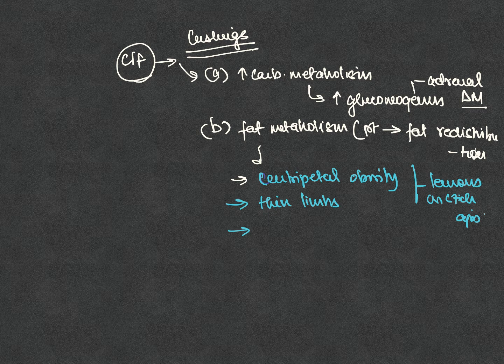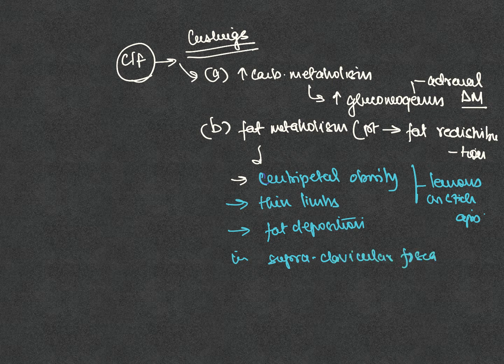Then there is going to be fat deposition in supraclavicular fossa known as collar sign. Okay. Then there is going to be deposition in the dorso-cervical area known as buffalo hump.